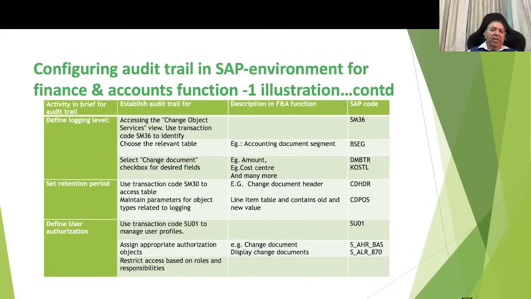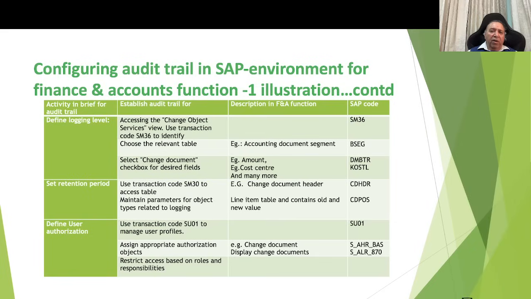Now, the second activity is defining logging levels. This includes accessing the change object services. Users can use transaction code SM36 to identify and choose the relevant important tables. For example, choose the accounting document segment BSEG.